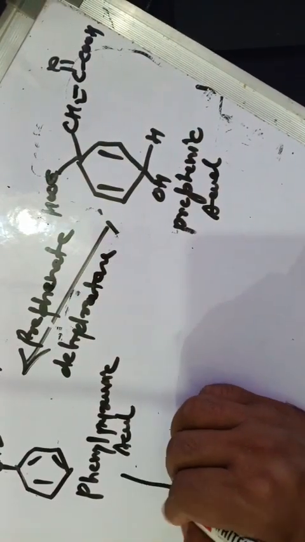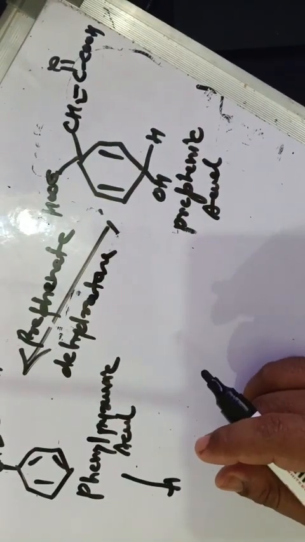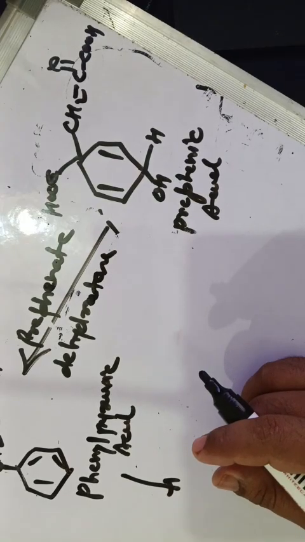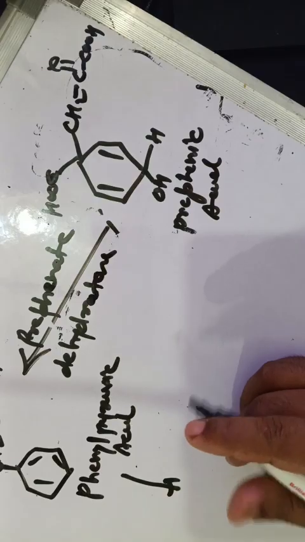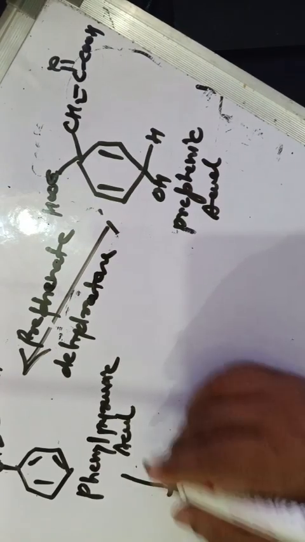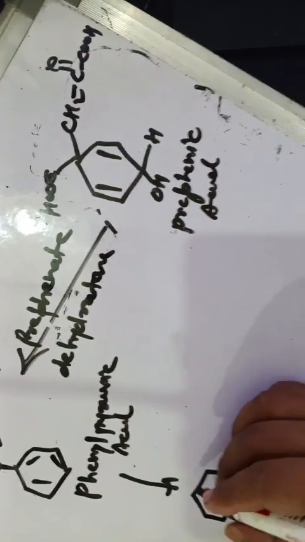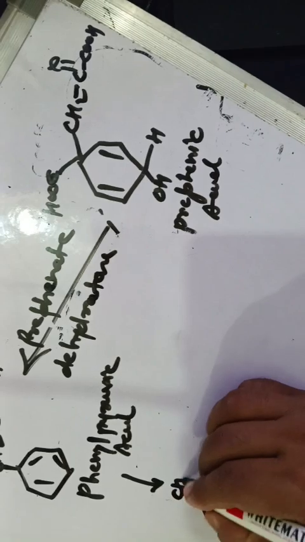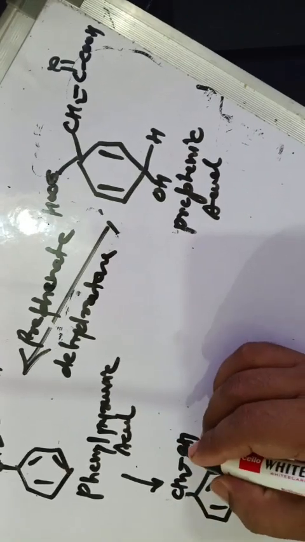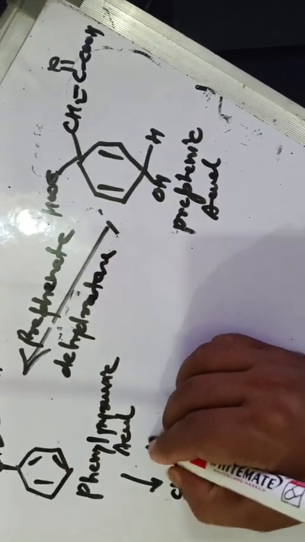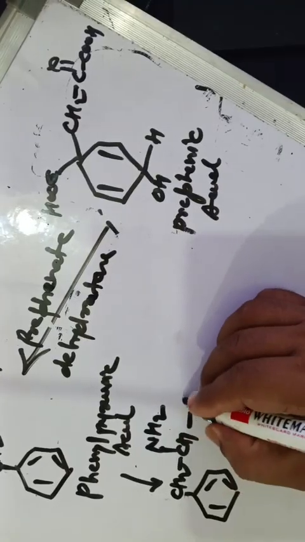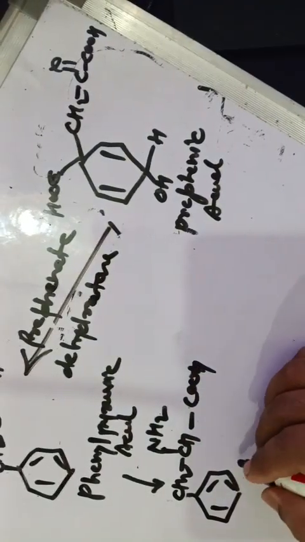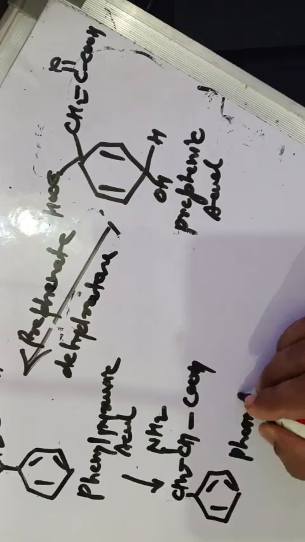And this phenylpyruvic acid makes our aromatic amino acid, that is phenylalanine, and the structure is CH2, CH, NH2, COOH, that is phenylalanine.